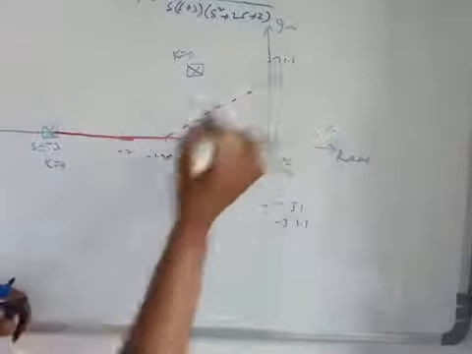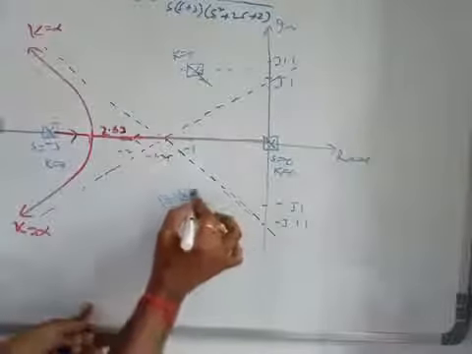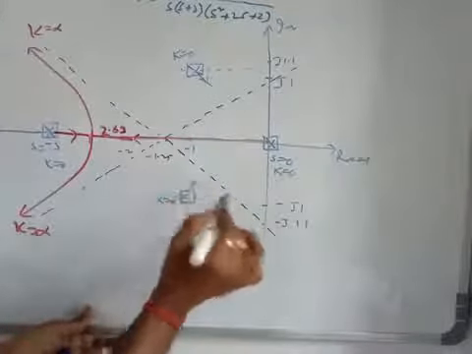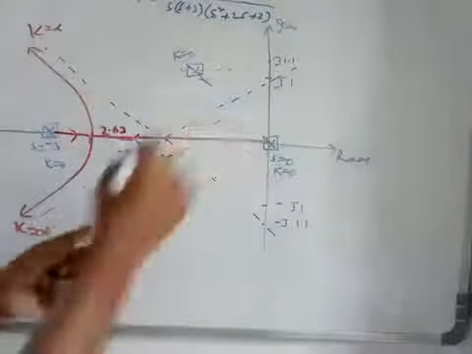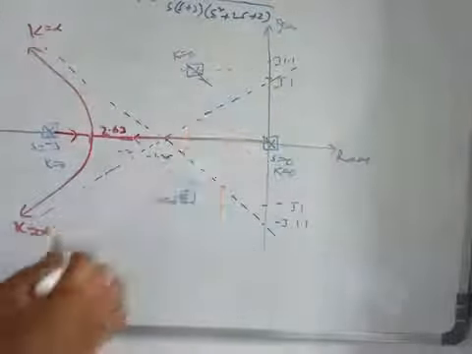So two branches have already reached, and what you have to do is draw minus 72 degrees here. That means in the clockwise direction there will be an angle of minus 72 degrees. Similar to that, there will be an angle of plus 72 degrees, and this root locus branch will depart from this pole along this path.